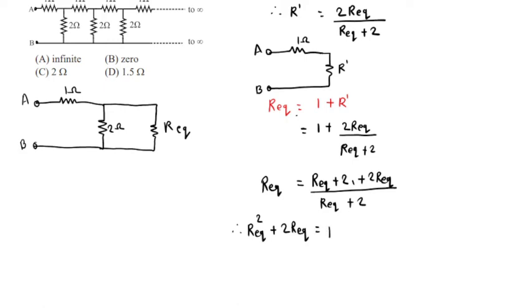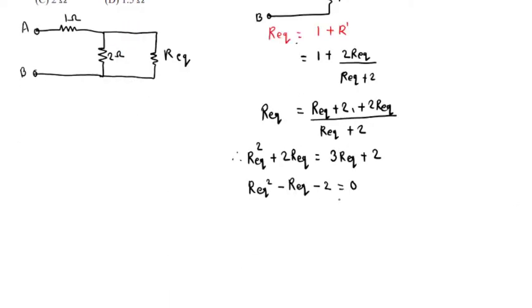So the right side is 3 R equivalent plus 2. Okay. So this 3 R equivalent comes to the left, it becomes minus: R equivalent square plus 2 R equivalent minus 3 R equivalent, which is minus 1 R equivalent, and the plus 2 comes to the left, it becomes minus 2, equal to 0.